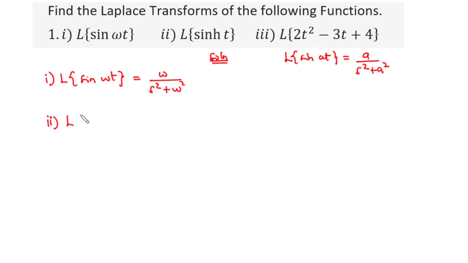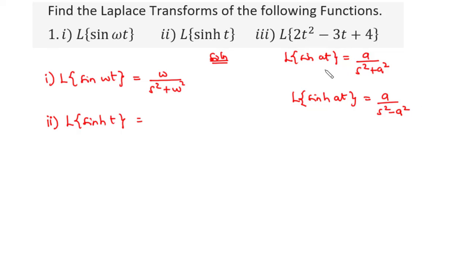We want to find the Laplace transform of the function sinh t. Now the Laplace transform of sinh at is given by a divided by s square minus a square. So note the difference.